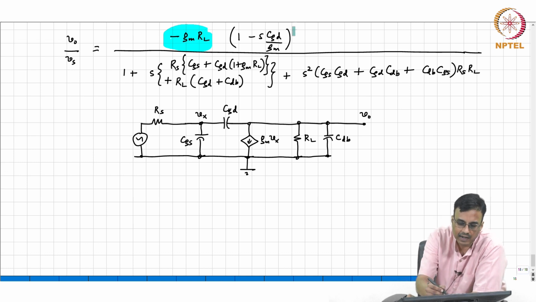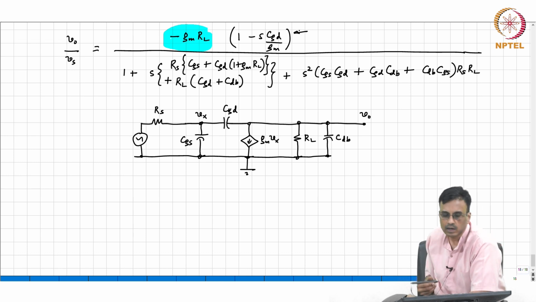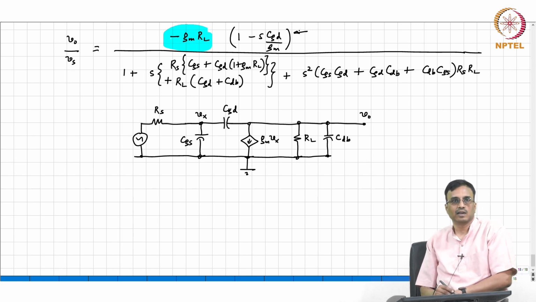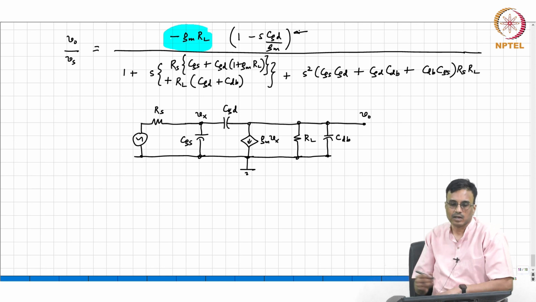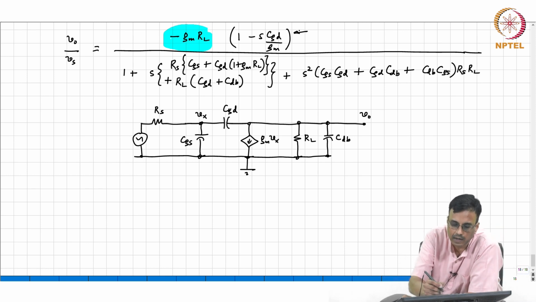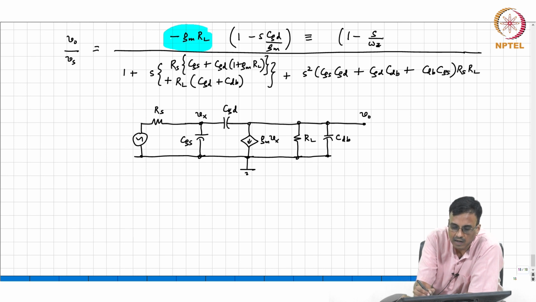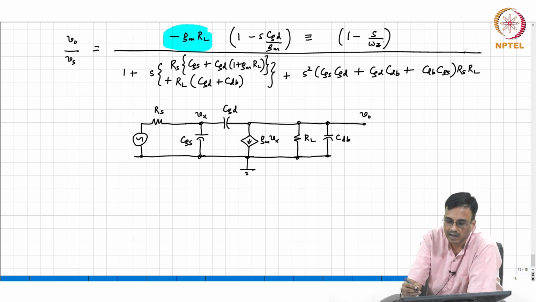Now, let us stare at the numerator. What comment can we make about the numerator? Where are the zeros? Basically, the numerator is of the form 1 minus S over omega z, and this is now a right half plane zero.